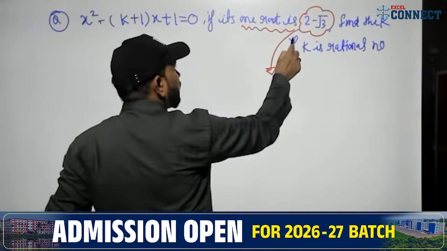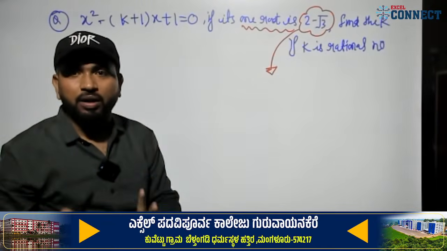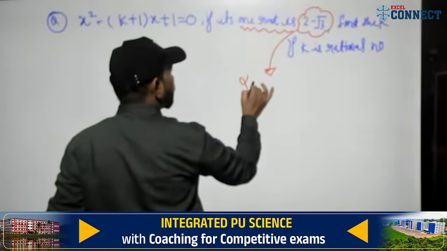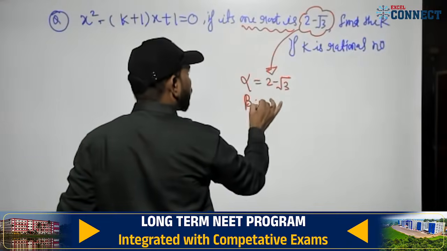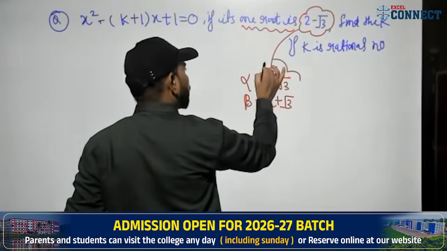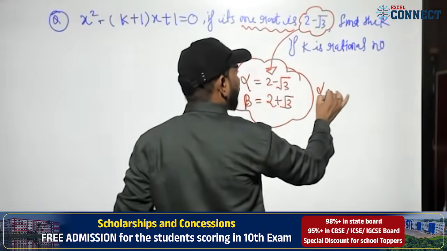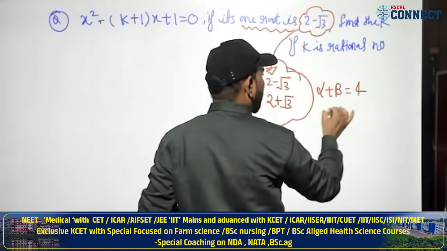So what can we understand? Whenever an irrational root comes, it is always in a pair. So alpha is equal to 2 minus root 3, and beta, the other root, is 2 plus root 3. So alpha plus beta is equal to 4.